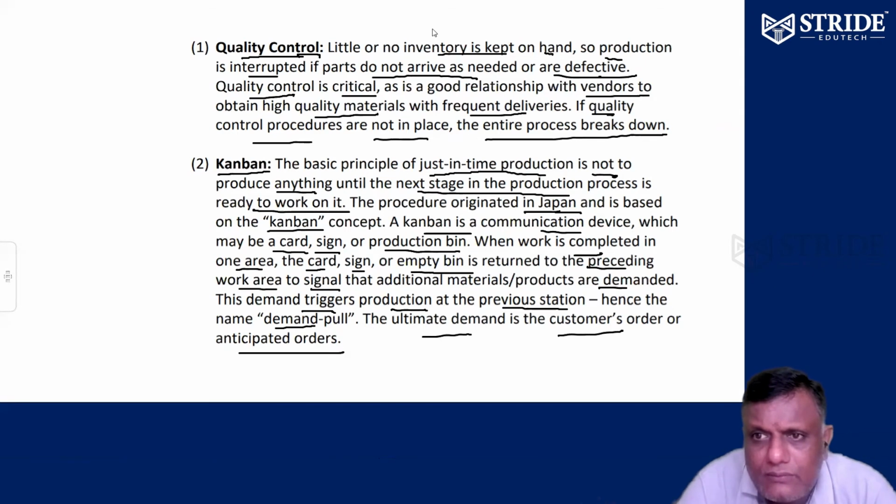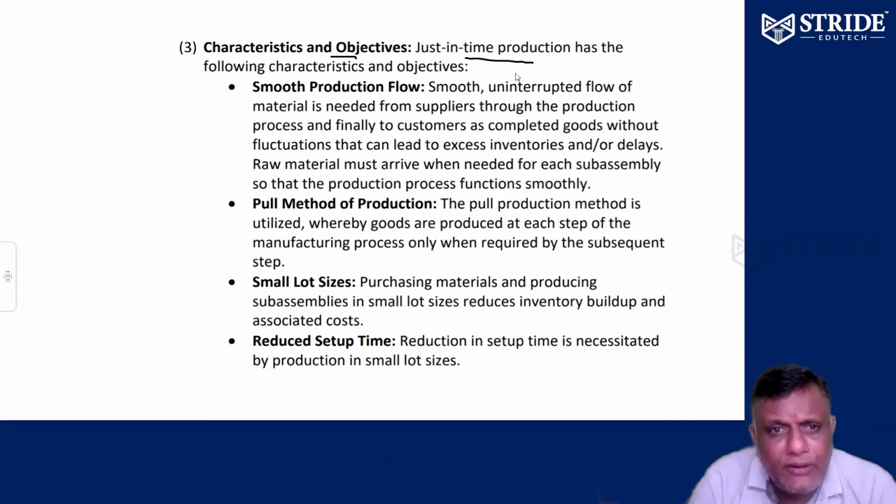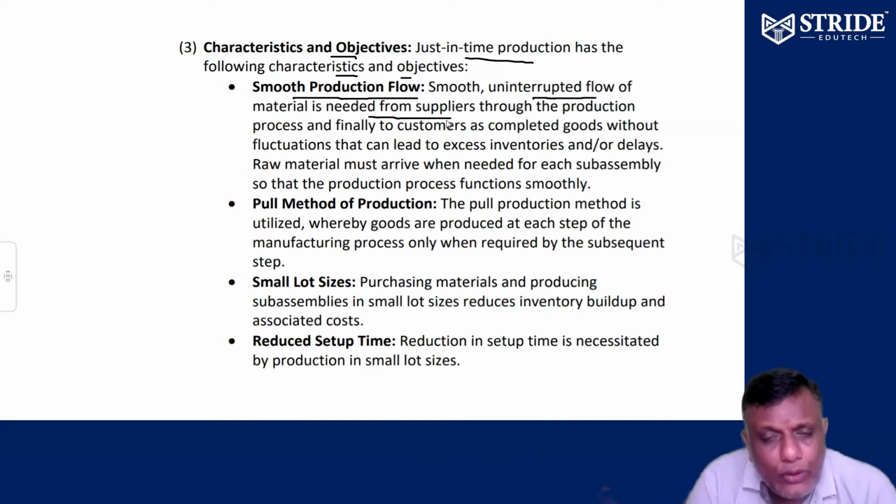Let's see the characteristics and objectives. Just-in-time production has the following characteristics and objectives. JIT quality, smooth production flow. Is it ultimately possible? Yes. It needs an uninterrupted flow of materials from the supplier. Once you have the assurance from the vendor, material will automatically be supplied to the production area, so production will not be stopped, and customers' goods will be delivered without any fluctuations.